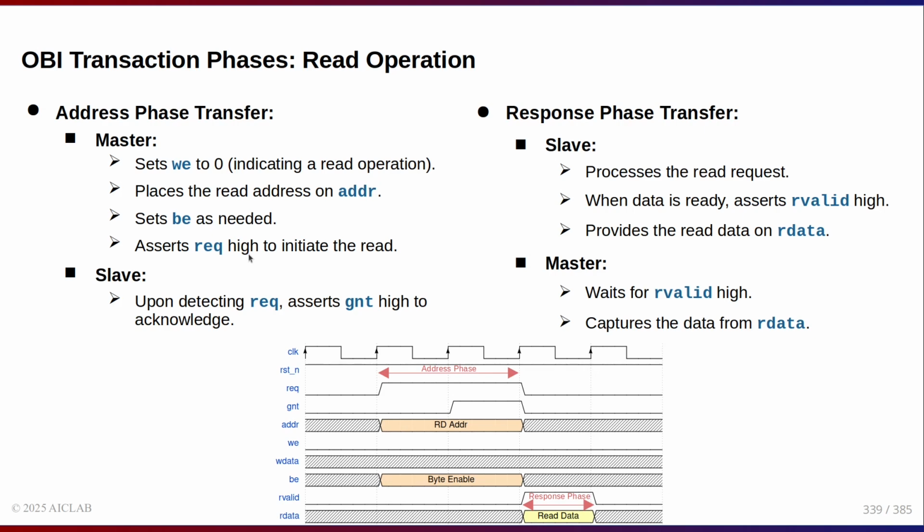The slave processes the read request. When data is ready, it places the data on the RDATA bus. Then it asserts RVALID high for one clock cycle. The master then captures the RDATA on the clock edge where RVALID is high.